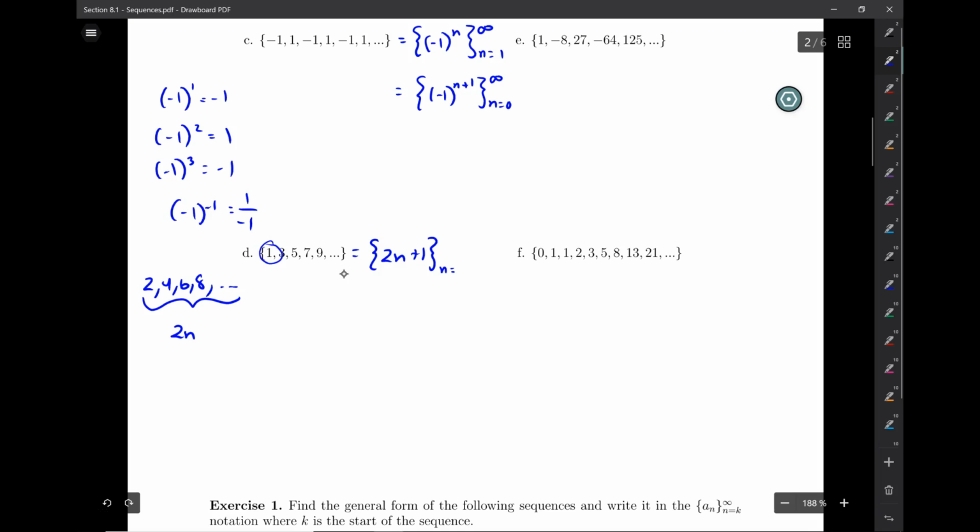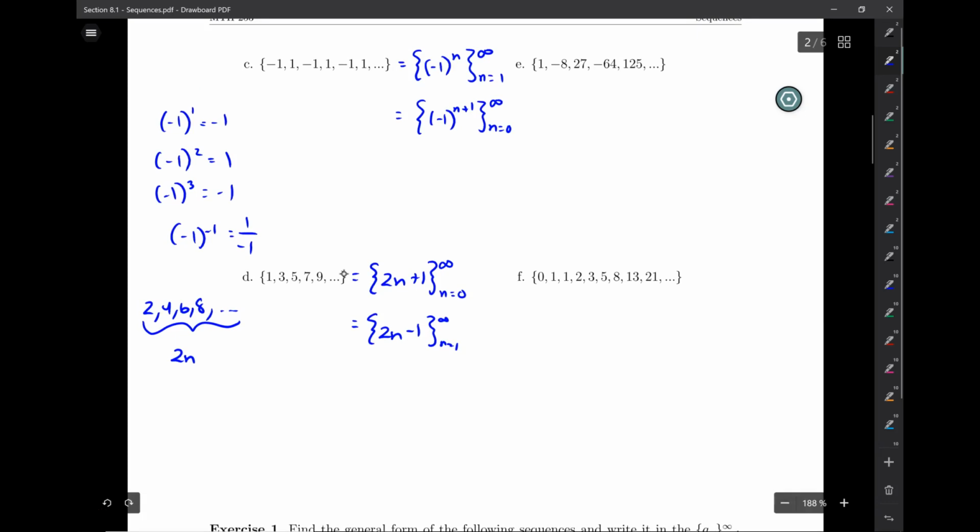We would need to begin this sequence at 0, so that we would get 1 as our first term, and then keep going. If I wanted it to start at 1 instead, if I plugged 1 in, I'd get 2. I need to subtract 1 in order to get 1 as my starting point. So that's what your sequence would be if you were starting it at 1 instead.